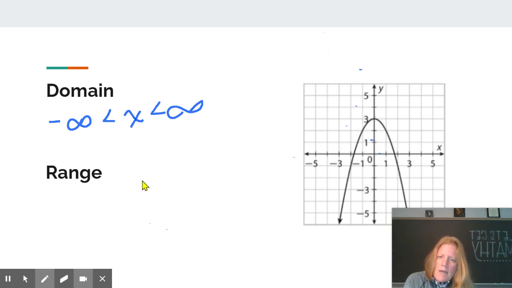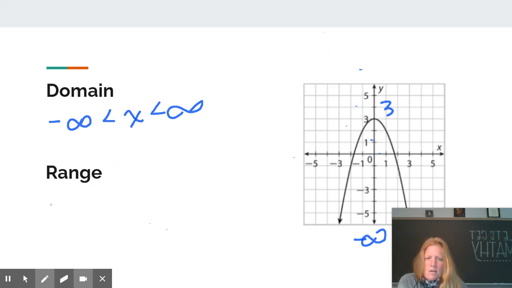Now, again, with your range, you're going to think about your low point to your high point. Well, because this graph is reflected, the low point is going down to negative infinity on the y-axis, and its maximum or highest value is at 3. So it's a little bit different than the last one, but then again, similar.